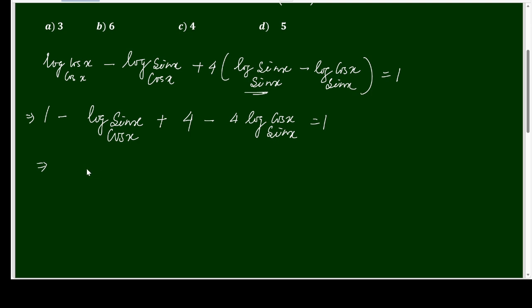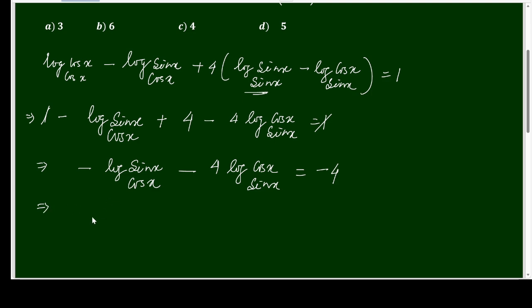So ultimately I am getting the equation negative log sin x base cos x minus 4 log cos x base sin x equals to negative 4. 1 cancels here, and all the negative signs I can cancel.